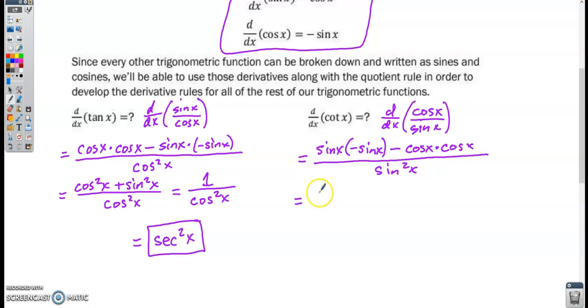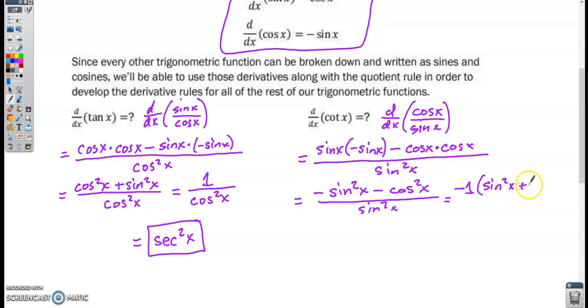And we simplify from here, and that gives us negative sine squared of x minus cosine squared of x all over sine squared of x. And if we factor a negative 1 out here in the numerator, we're kind of in the same position that we were when we were finding the derivative of the tangent, where we have that sine squared of x plus cosine squared of x that everybody tends to recognize as 1.